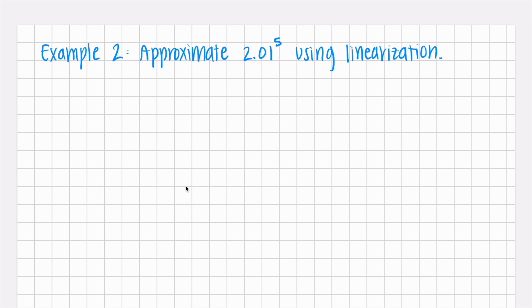So I'm going to rewrite this. I'm going to say find the linearization of, and we need to choose an f of x. Now, I have a number raised to the 5th power, so I'm just going to say f of x is x to the 5th. And it's going to be hard to find a tangent line at 2.01 because I'd have to plug 2.01 into a derivative.